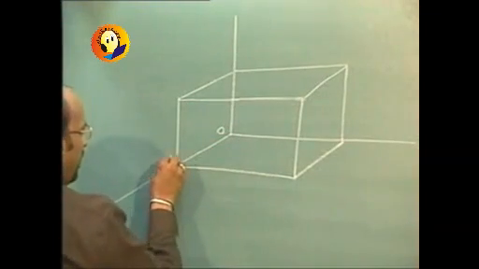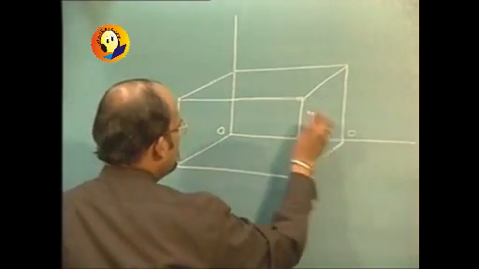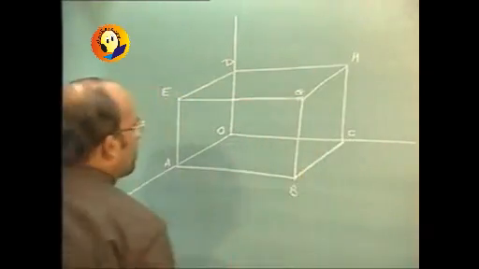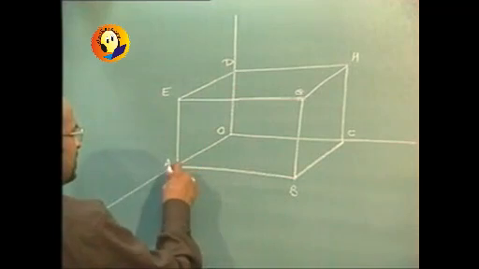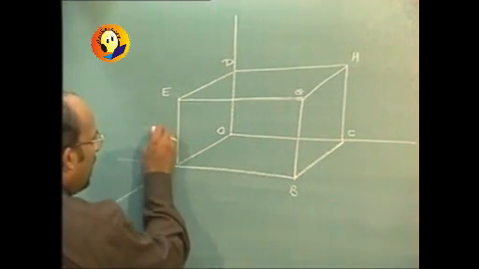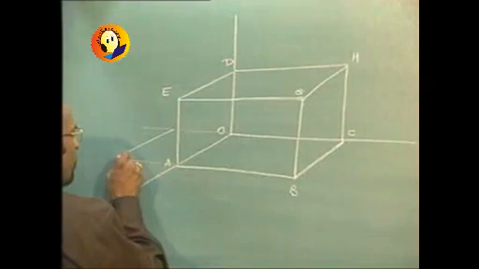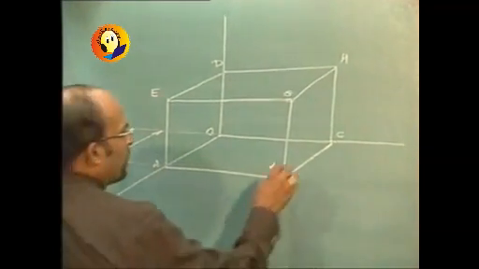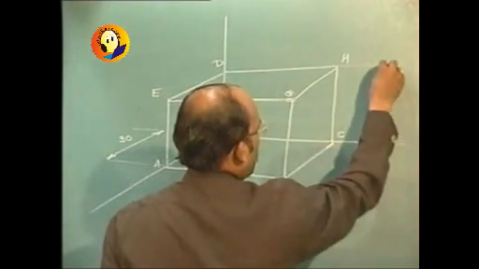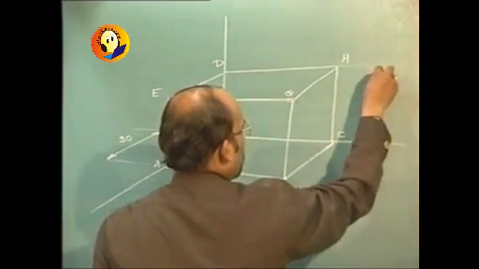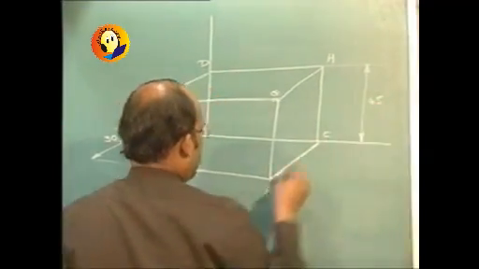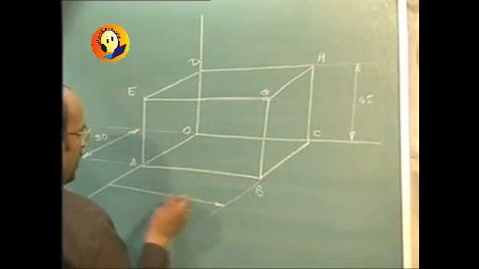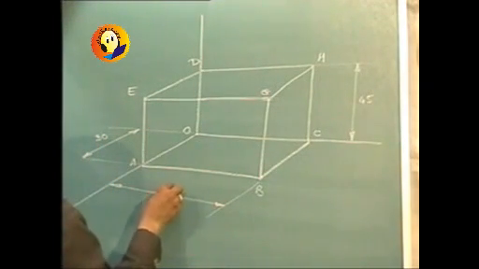So O, A, B, C, when the points are named, the distances are given to us as OA distance 30, the height as 45, and the width of this block as 70.